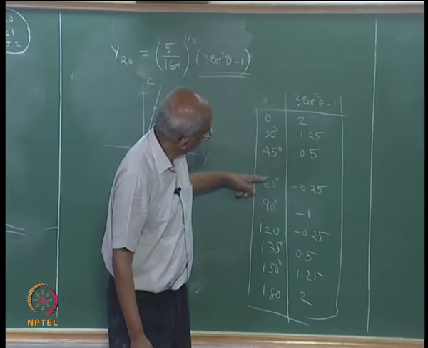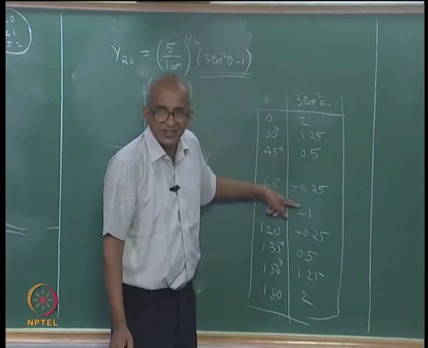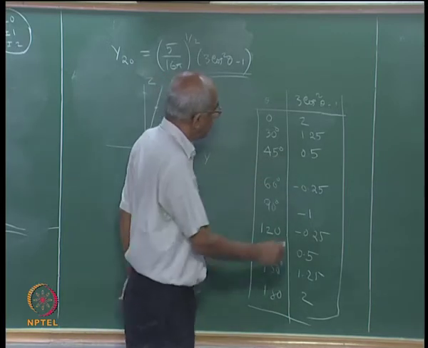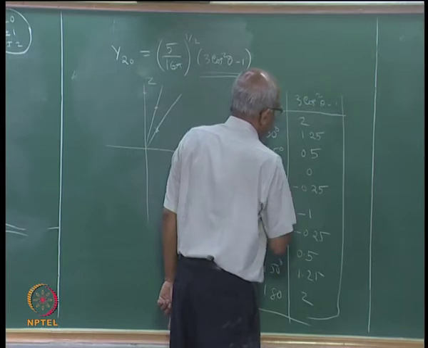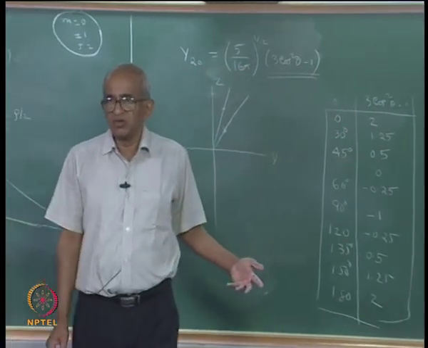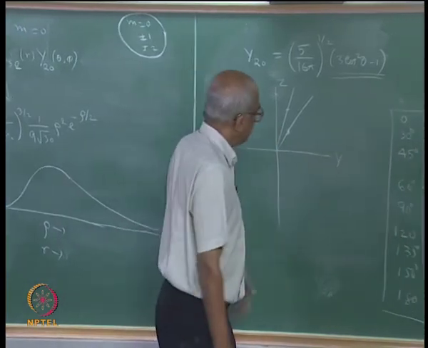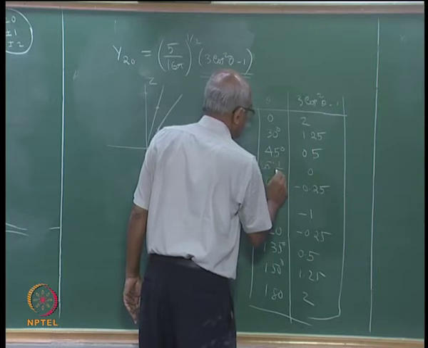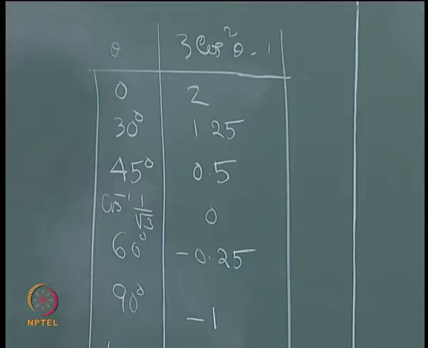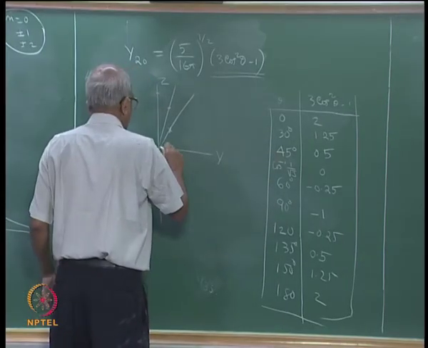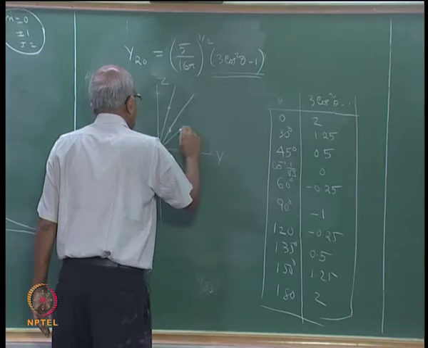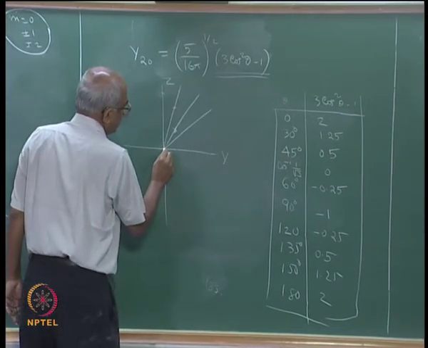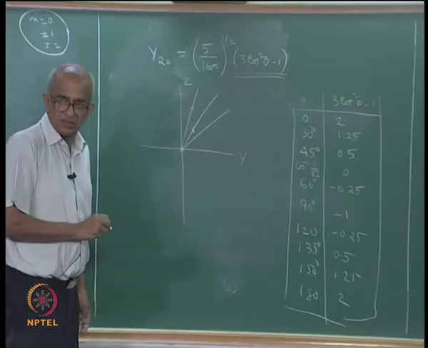As you go from 45 to 60, you find that the function changes sign. So, there is some point in between where the function will take the value 0. What is that value? You can easily calculate that. It is going to be cos inverse of 1 by root 3. At that value, which comes around 53 point some angle, the point that you have to put actually coincides with the origin.